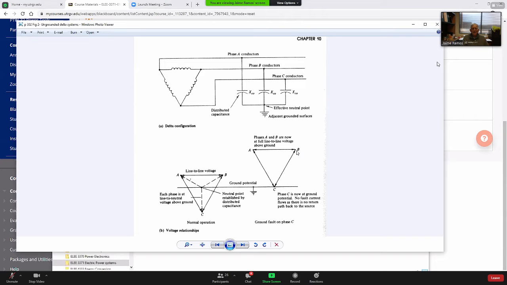If A and B support that stress, then the system continues operational. So this is an advantage of ungrounded systems.